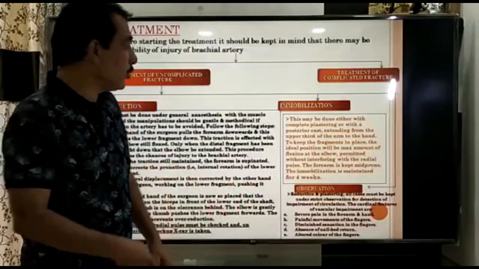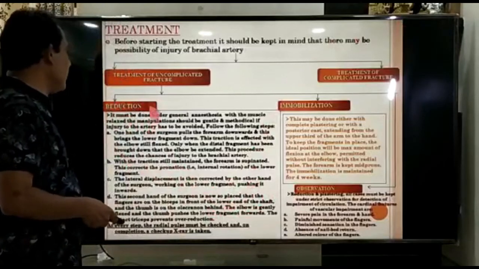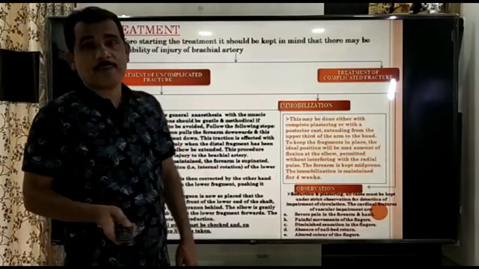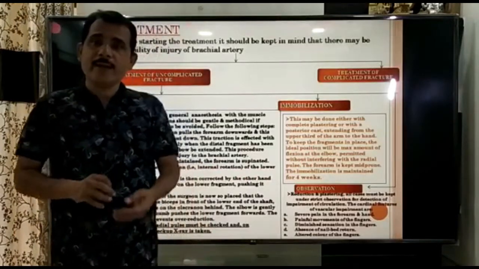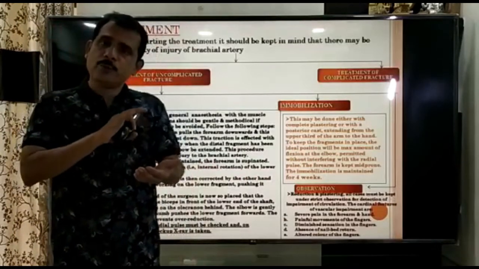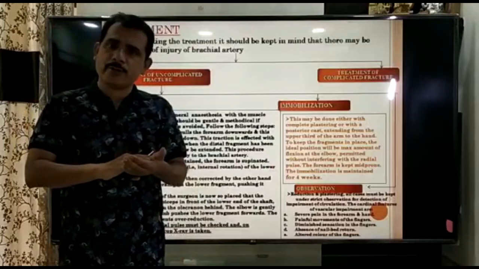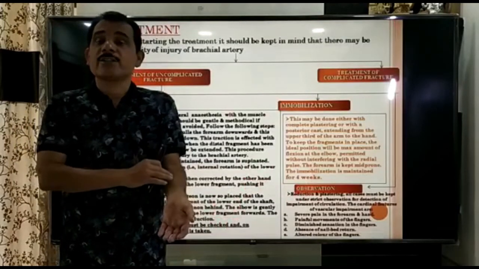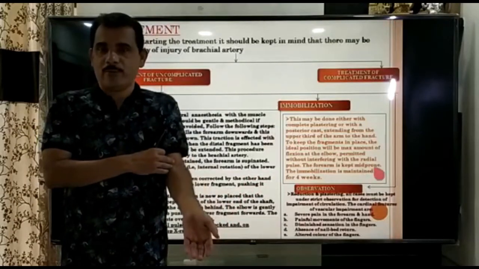So this is the treatment for the transverse extension type of fracture. In the simple flexion type of fracture, reduction is again done by closed manipulation, but here gentle traction should be applied with extension of the elbow.